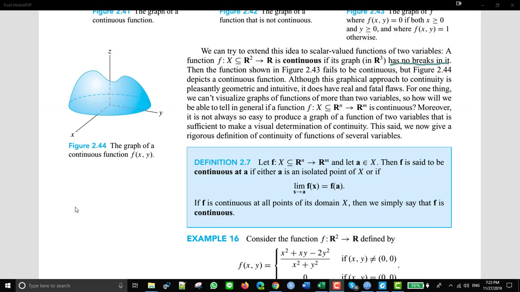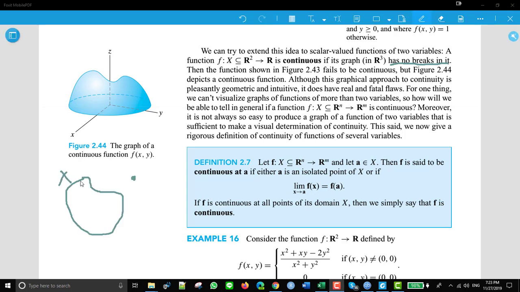Now remember we did talk about isolated points. So if the domain of the function is x plus some point out here, which we called an isolated point, then according to this definition, it's going to be called continuous there. Remember, this is just a picture of the domain of the function.